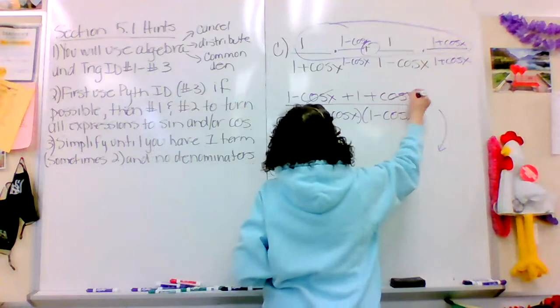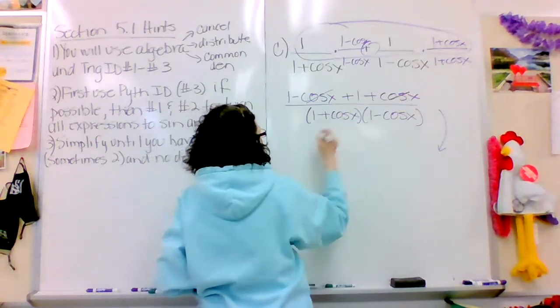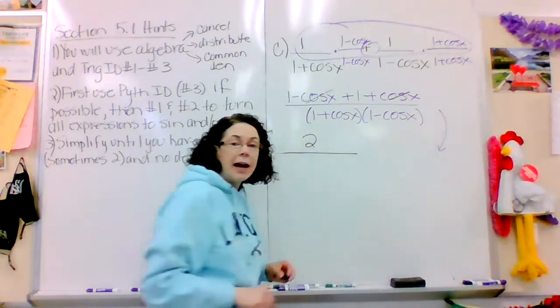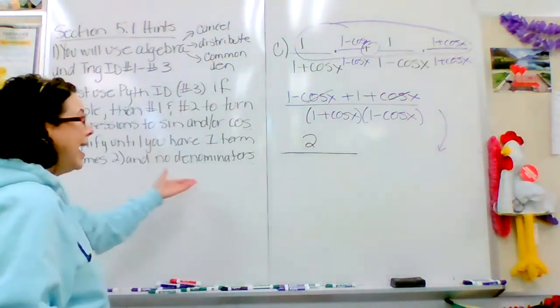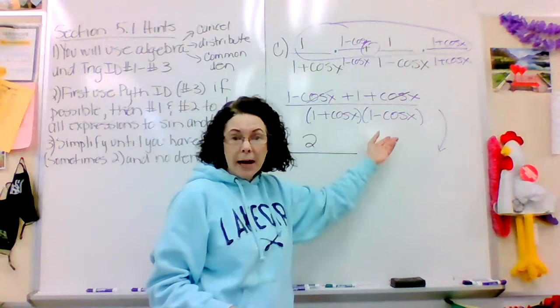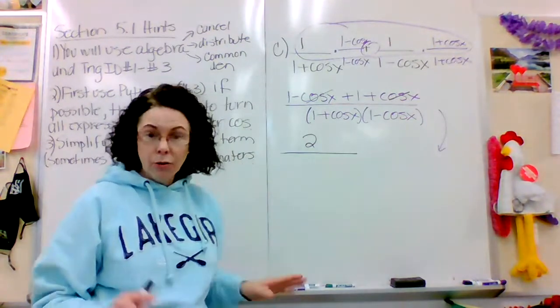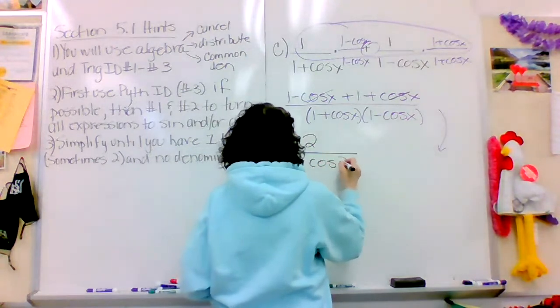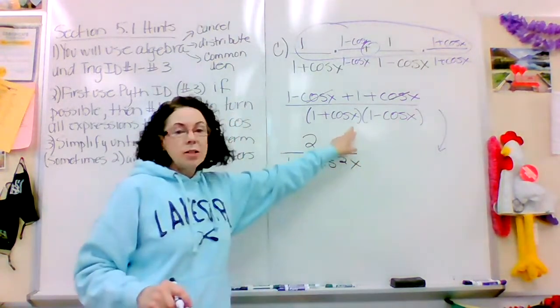Notice negative cosine and positive cosine cancel, and I have 1 plus 1 is 2. I also feel I'm not allowed a denominator in the end. I really think I need to FOIL this out. If I FOILed it out, I'll get 1 minus cosine squared when I multiply this out.